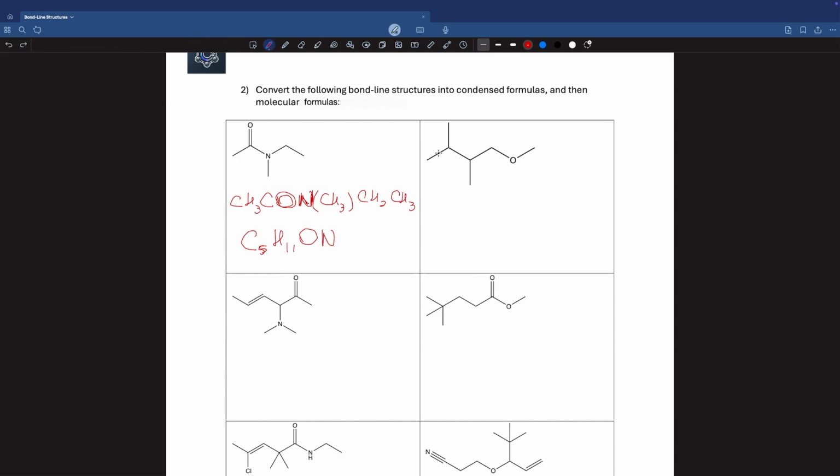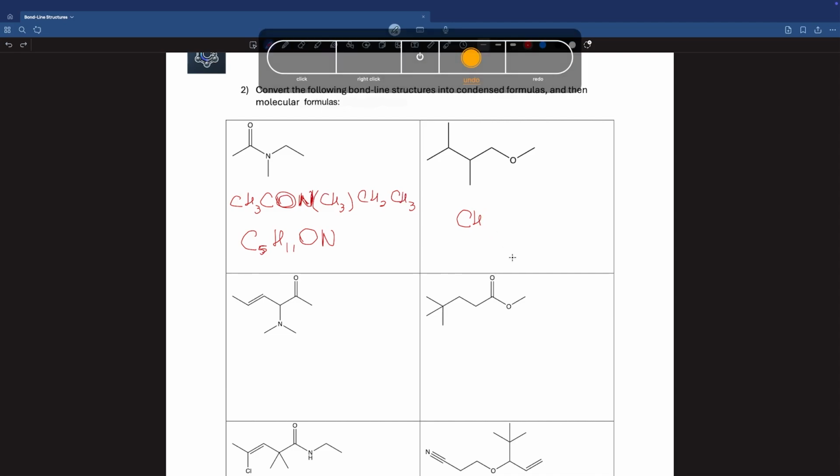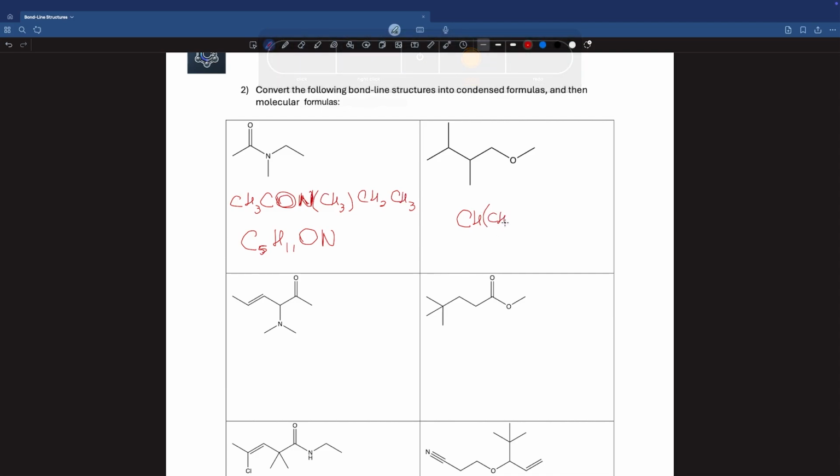The next structure, we have 2 terminal carbons. So maybe a C that's connected over here. So C. And notice that it probably has a CH, because it has 3 carbons that it's connected to, but it needs 1 more hydrogen. And so in parentheses, we'll write CH3. There's 2 of them, so 2 on the outside. And then it's connected to another carbon, another vertex, that has a hydrogen, so CH. And then it also has a little branch point, CH3. Let's move this over.